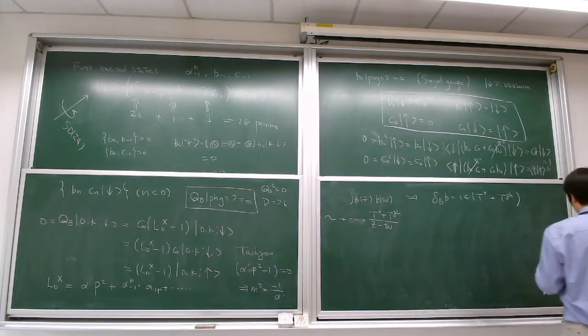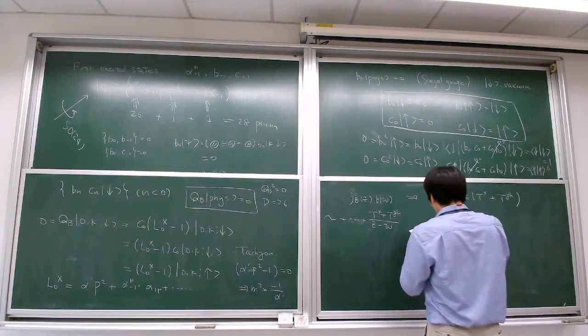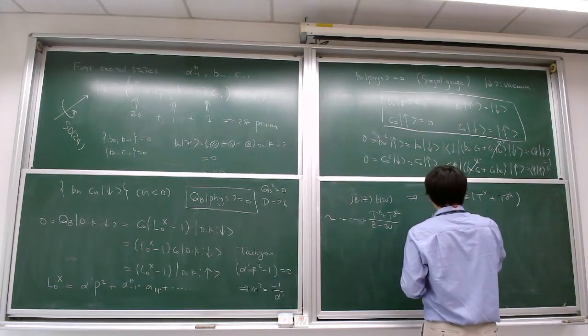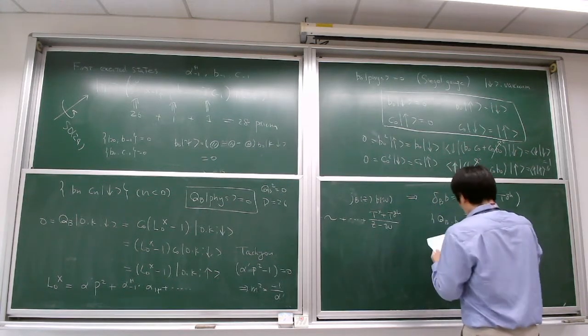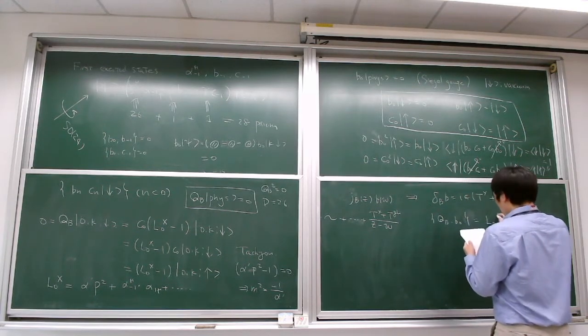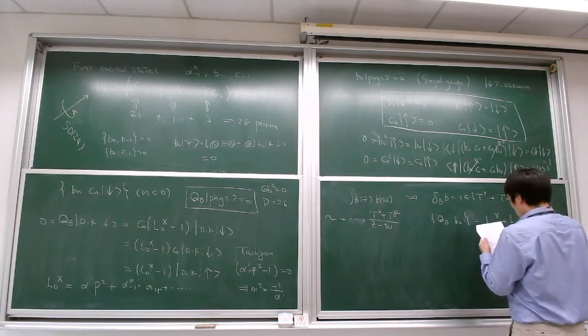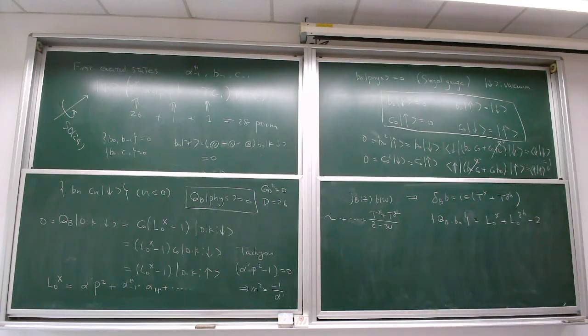So then, if you take the zero mode, the mode expansion for this one, what you do is QB and B naught. You just get the zero mode. So you should get this one from here.